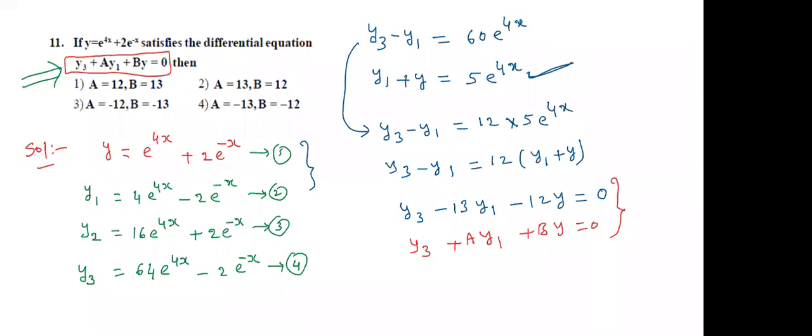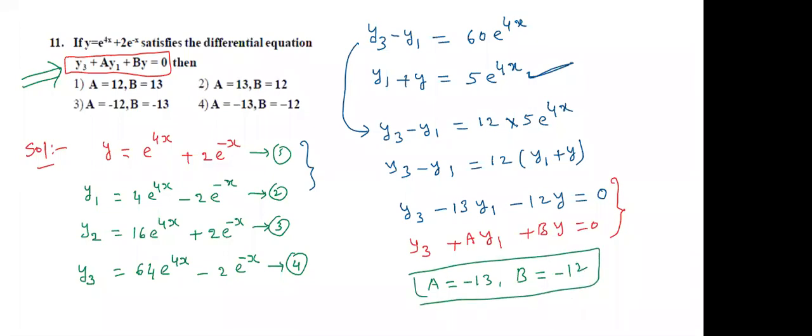Compare these two, you will get the answer. So tell me, what is the a value, students? Minus 13. B value? Minus 12. This is the answer. So which option is correct? Minus 13, minus 12, right. Fourth option is correct.